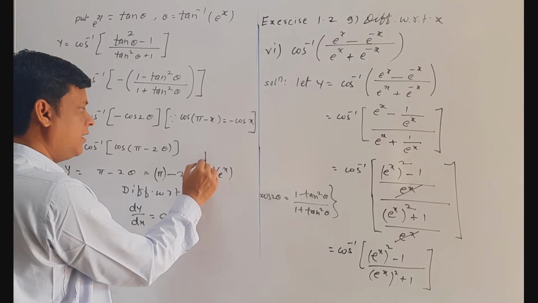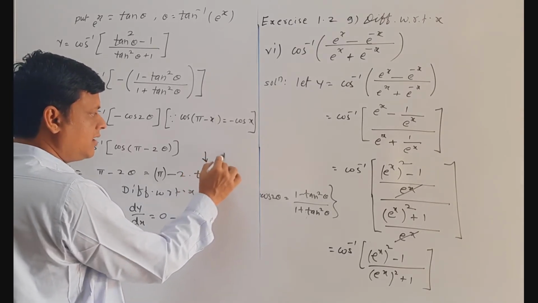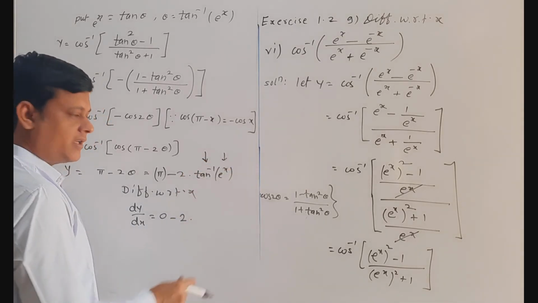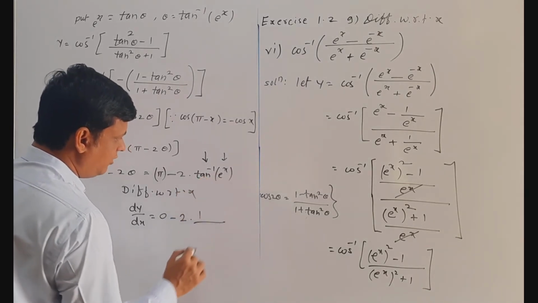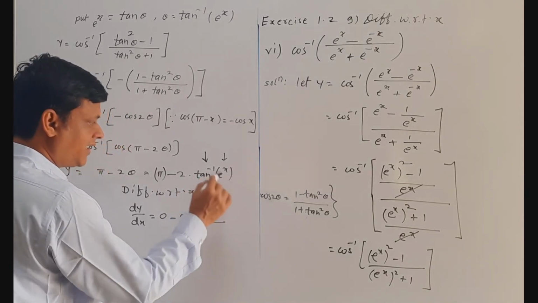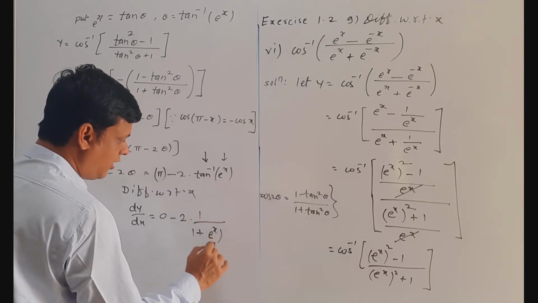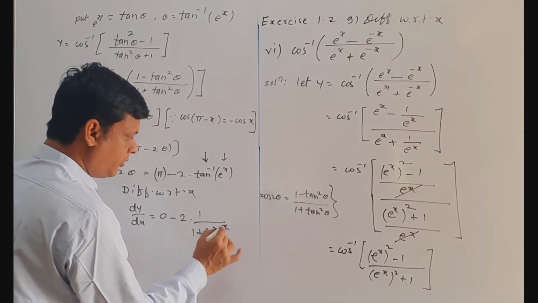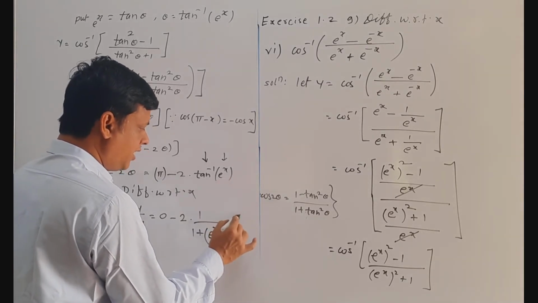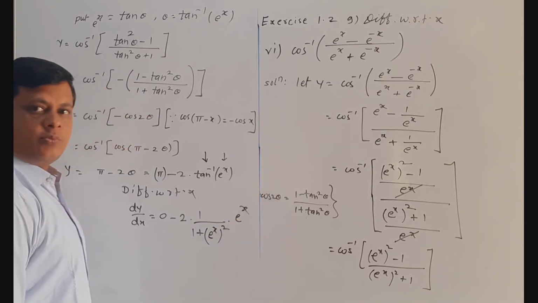That means we have to find two derivatives: derivative of tan inverse and derivative of e raised to the power x. Now first we find the derivative of the outer function. So derivative of tan inverse x is 1 upon 1 plus x square. So instead of x we have e raised to the power x. So we write 1 upon 1 plus (e raised to the power x) square into the derivative of e raised to the power x, which is e raised to the power x.